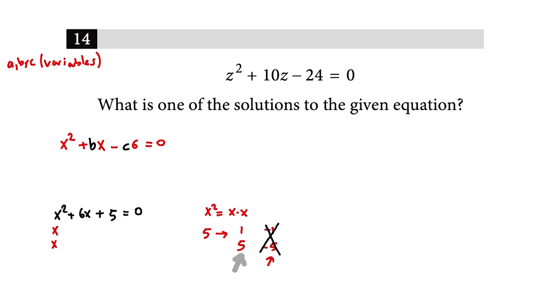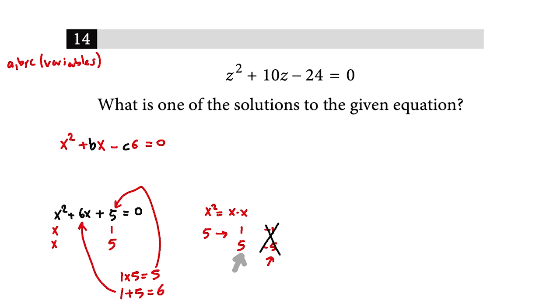So 1 times 5 is equal to 5. That one is correct. And then 1 plus 5 is equal to 6. As you see, positive 6, it is correct.